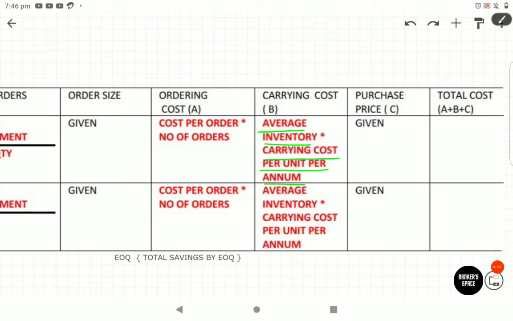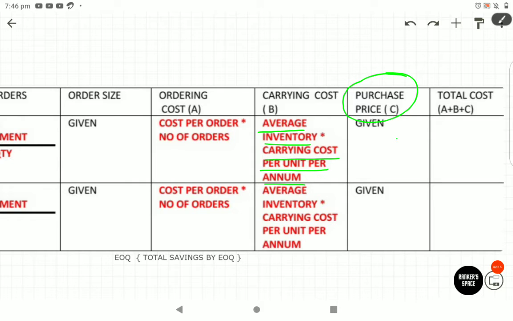Then after that, purchase price. The last is purchase price. It will be given in the question itself, so depending upon that you have to take it. If discount is given, will you take it? All the discounts you will take? No, you will not take only the cash discount. If cash discount is given, don't subtract it. If any other discount is given, subtract it and put the net purchase price.